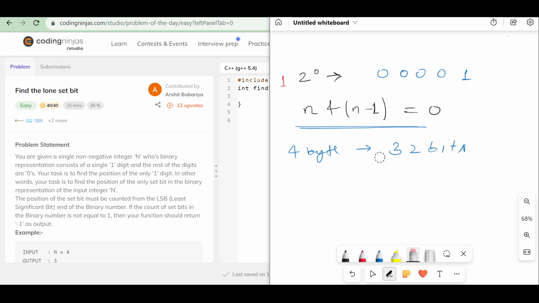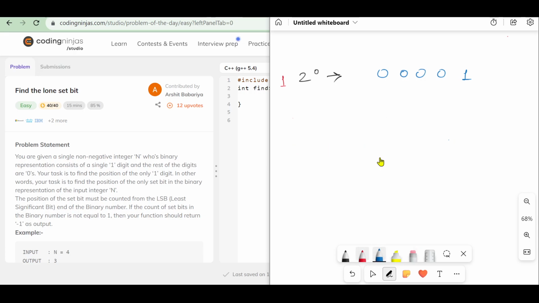and I will check through the XOR operation. I will put 1 below every bit in the given number, and I will perform XOR operation. And we know that XOR operation gives 1 when both are different, 0 1 or 1 0. In the case of same bits, 1 XOR 1 or 0 XOR 0, it gives 0.